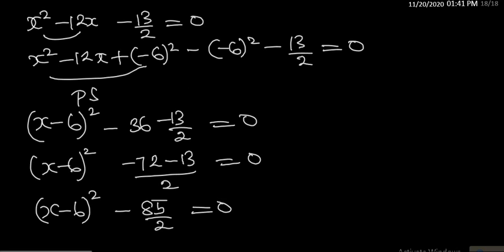Of course, guys, we can solve this equation by the square root method to have the final answer. So if we take minus 85 over 2 to the other side, or subtract it from both sides, we are going to have 85 over 2 here.